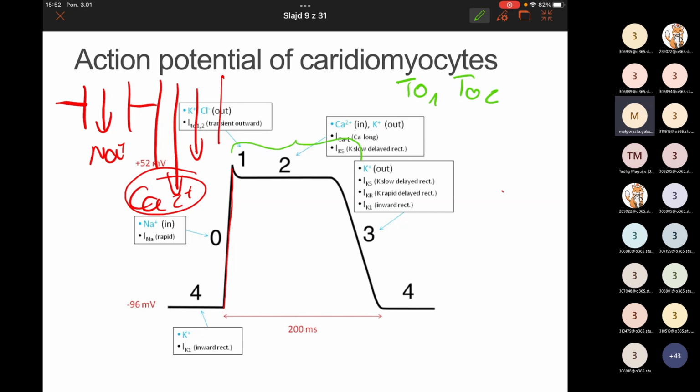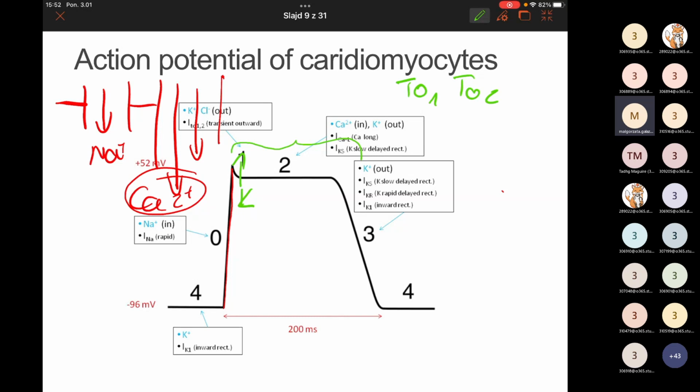Because of the opening of these potassium channels, we observe slow repolarization, which leads to phase 2. Phase 2 is also known as the plateau phase. During the plateau phase, the membrane potential stays the same.